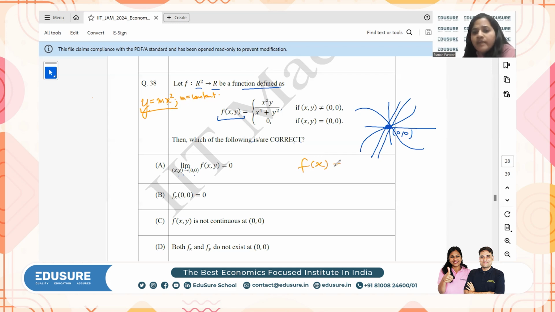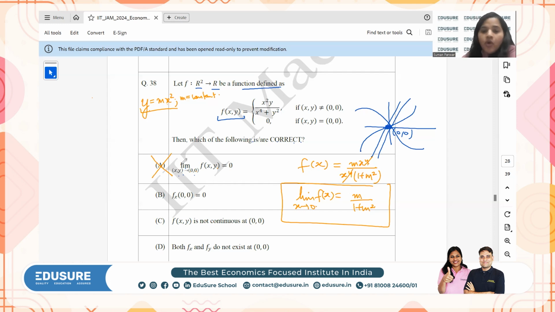It depends on one variable now, and it will become m x to the 4 divided by x to the 4 times (1 plus m square). So the limit (x, y) tending to (0, 0) reduces to limit x tending to 0 of f(x), and there is no x here now. So it is actually equal to m upon 1 plus m square. Now notice that as the value of m changes, the value of this limit changes. Therefore, this limit cannot exist.